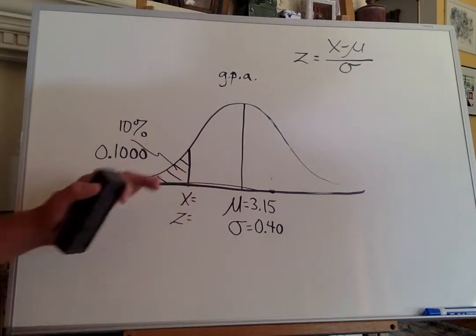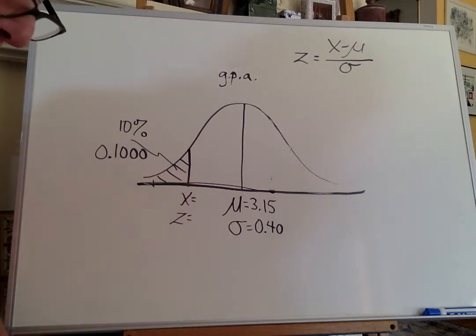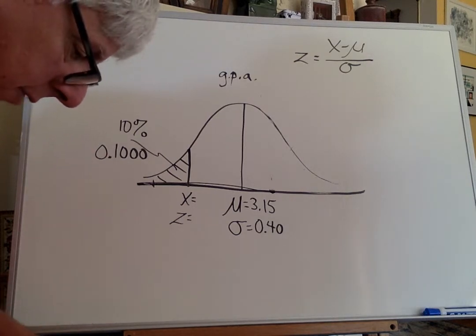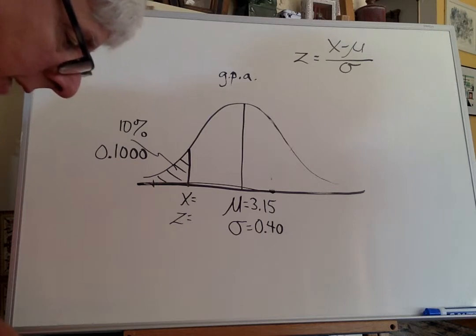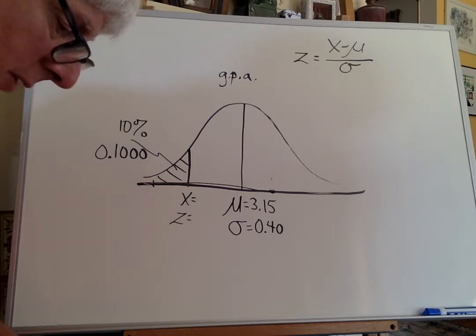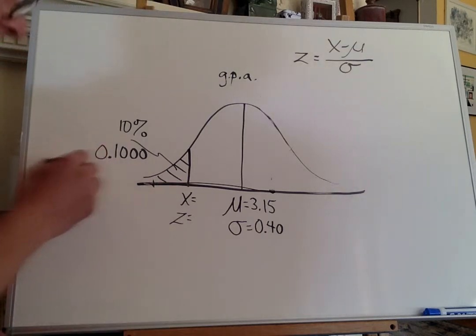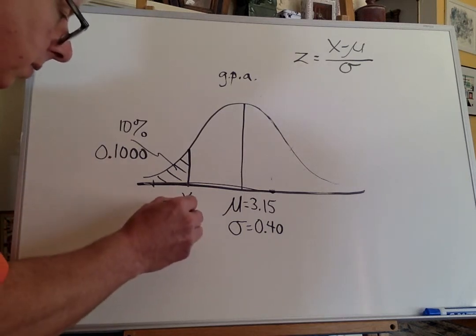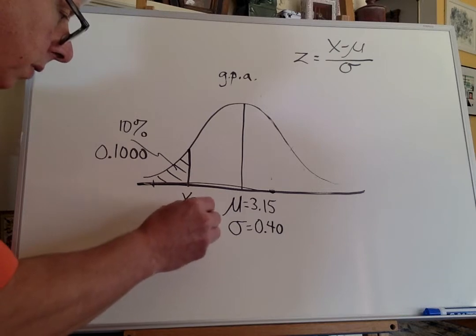So I'm going to go to the unit normal table again. I'm going to look for 10%. Well, I can get 10.003. That's going to be close enough for us. The z-score is minus 1.20.